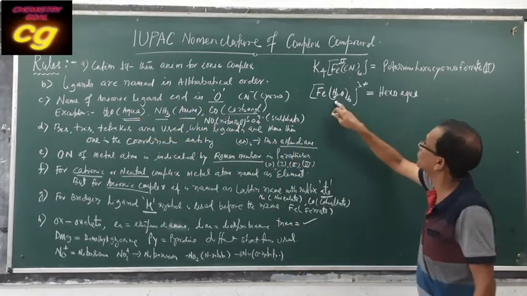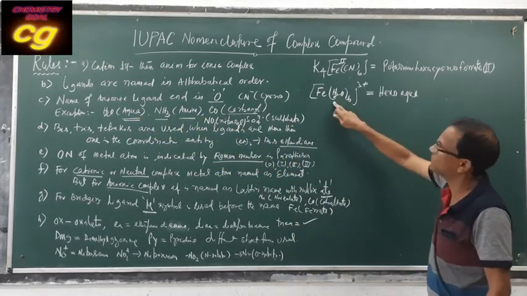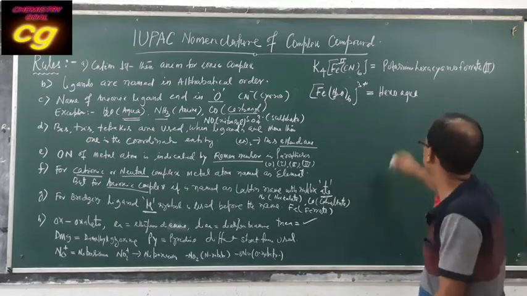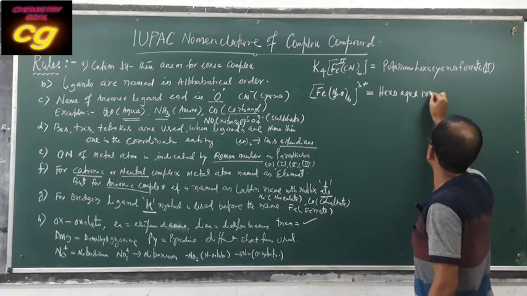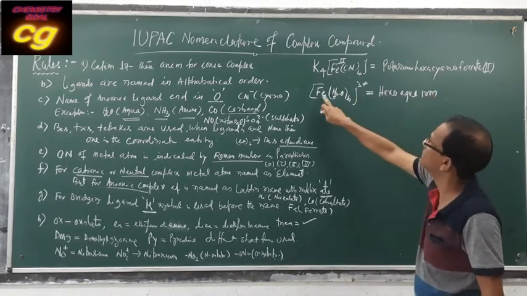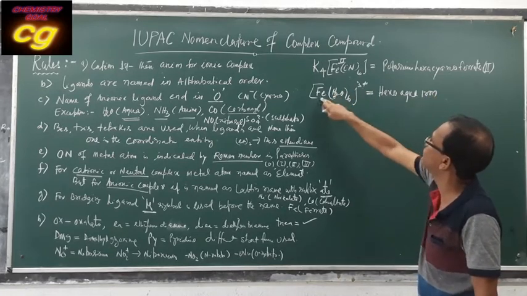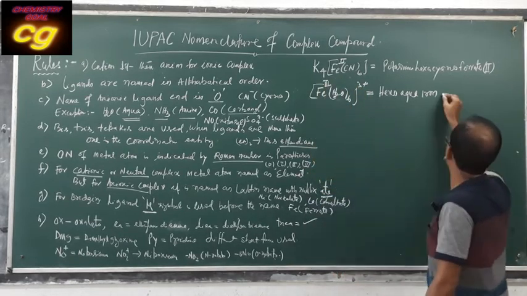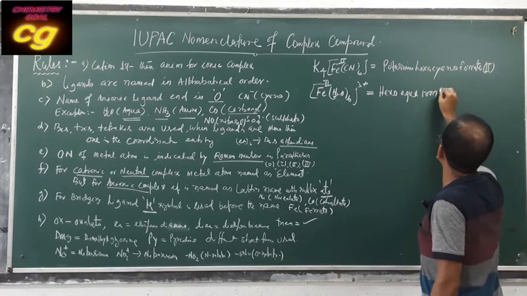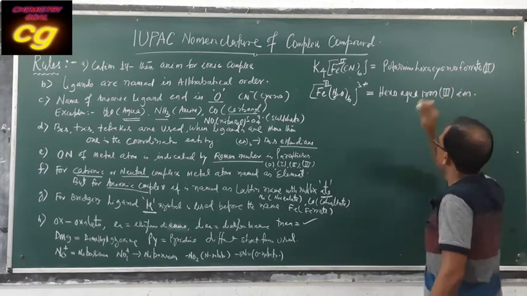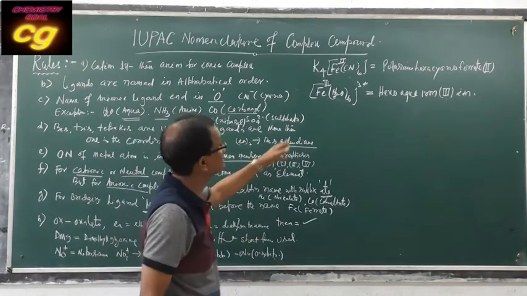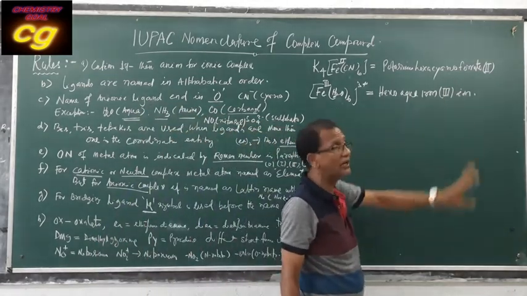As it is a positive complex, the name of the metal atom will be the same as the element name. So iron, charge is 3 plus. So it is hexaaquairon(III) ion.